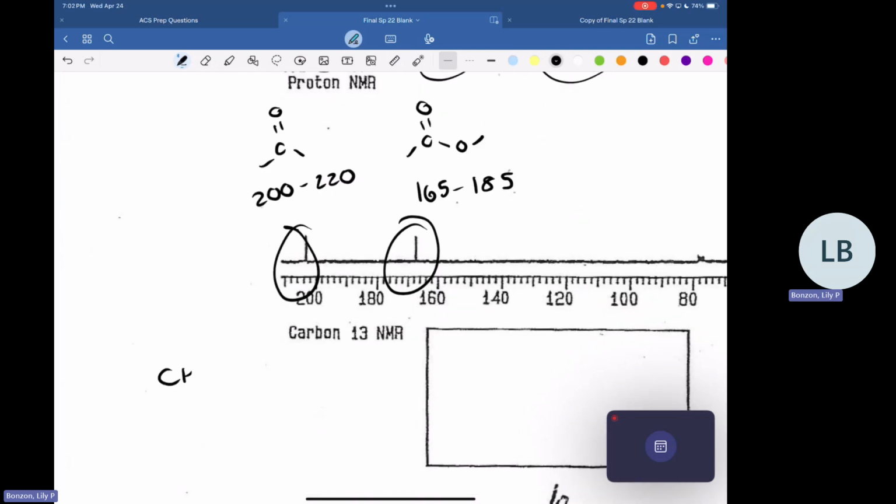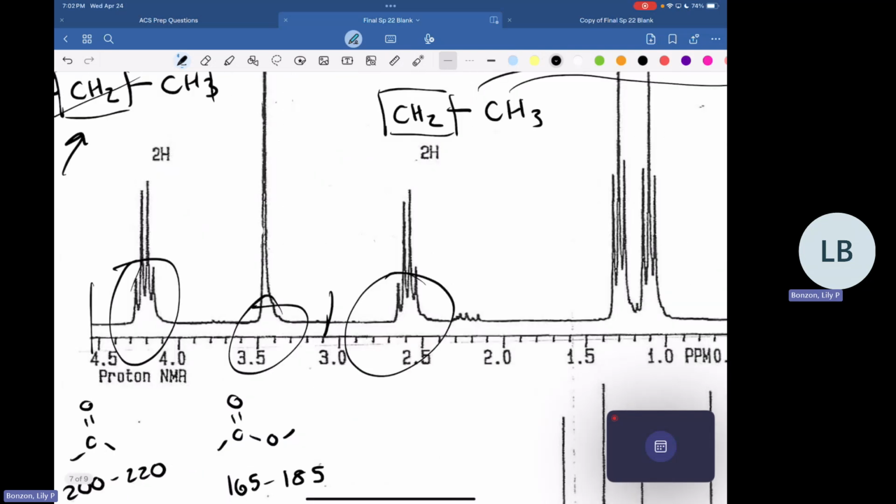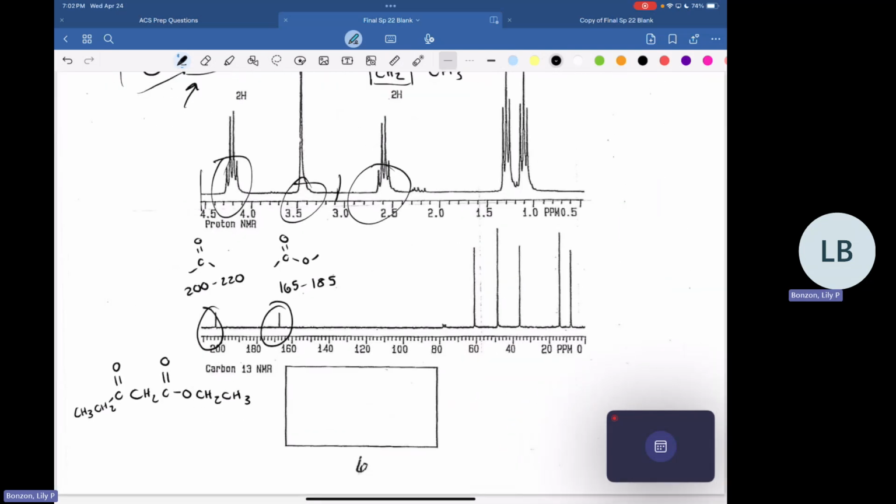So we had the CH2 that was connected to the two carbonyls. We had the ester part that was attached to the CH2, CH3 because that CH2 was super far downfield. And then the only puzzle piece we have left is this CH3, CH2, and that's going to be connected to this carbonyl. And again, it's kind of reinforced by the CH2 being a little bit downfield. So that is going to be what we throw in the box.